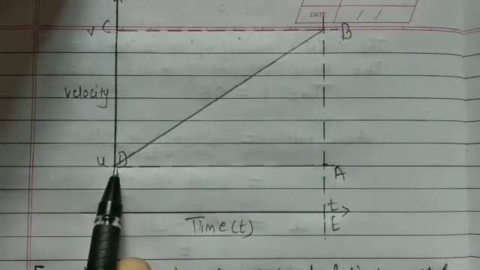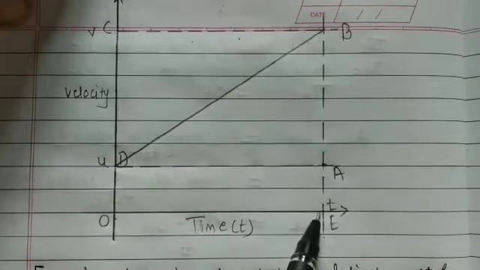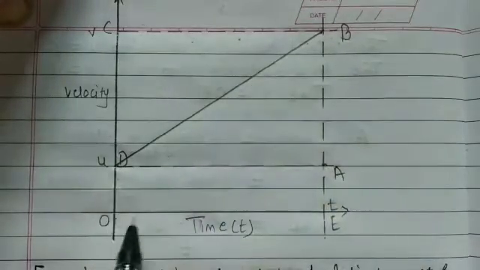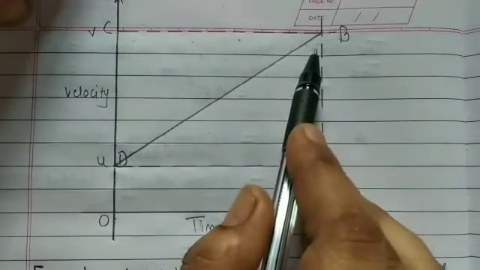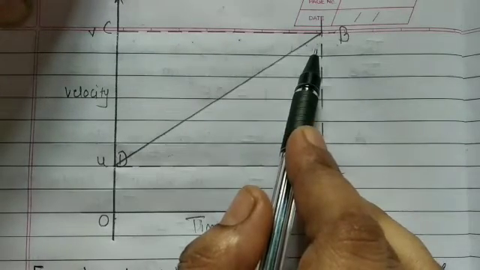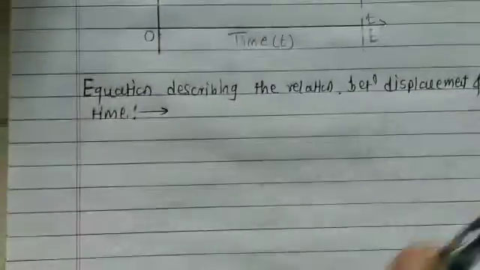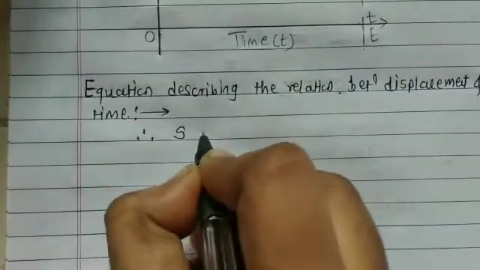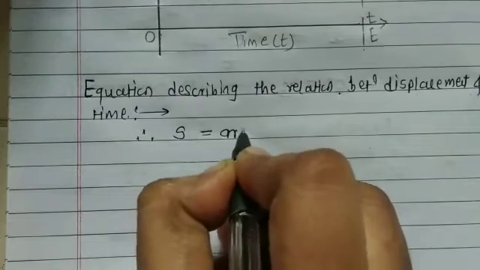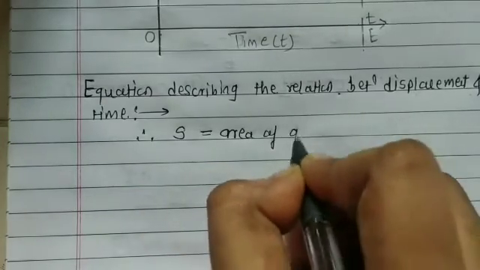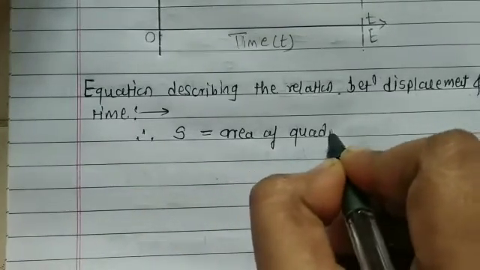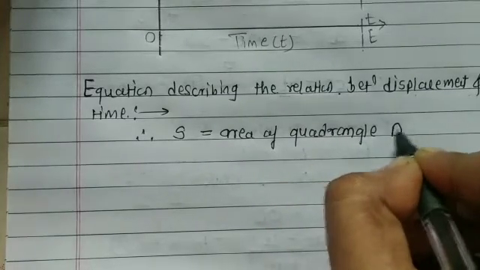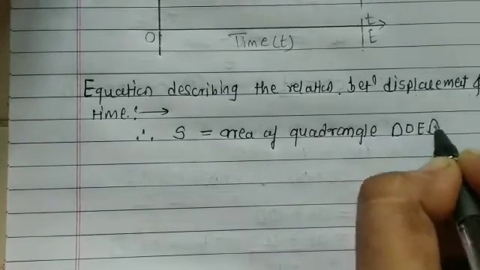Let us find out here. DOEB. So student, that is the quadrangle DOEB. That quadrangle gives the displacement. So therefore, we can write s, the displacement, is equal to the area of quadrangle DOEB.